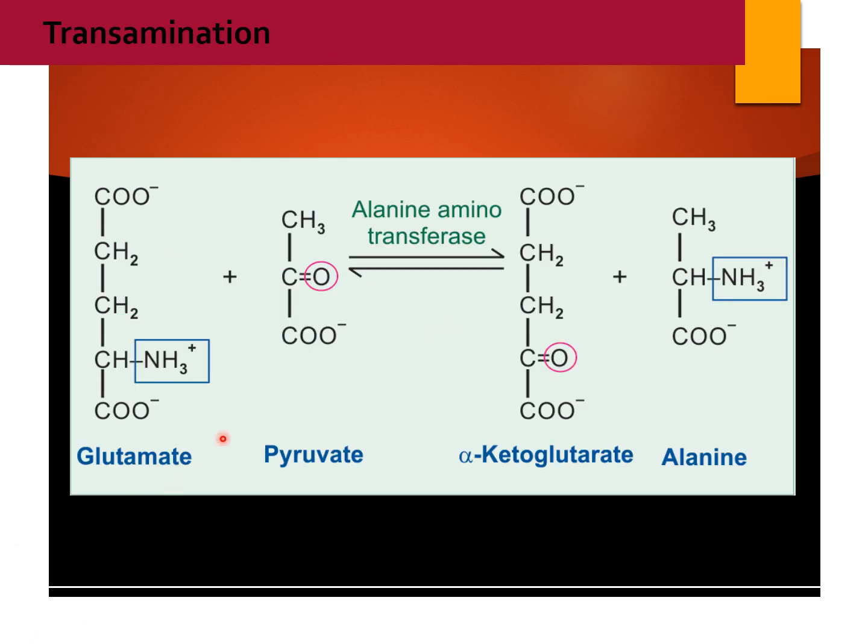Similarly, look at the transamination reaction. Transamination means transfer of an amino group from one amino acid to one keto acid. So this reaction happens between one amino acid and one keto acid. There is a necessary condition: two substrates have to be present, one the amino acid and one the keto acid. It can be pyruvate, oxaloacetate, or another keto acid.